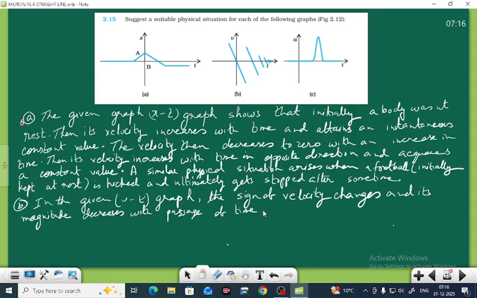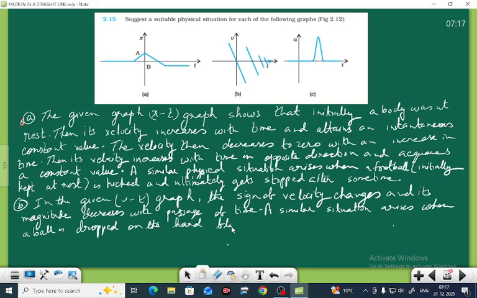A similar situation arises when a ball is dropped on the hard floor from a height.